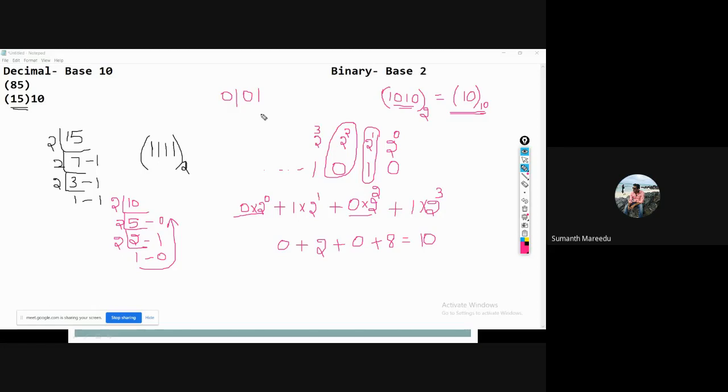Yes, I'm asking the decimal equivalent for 0101. Simply it is 5, because it is 2 power 0 which is 1. 2 power 1 is 0, so I don't mind it. Next, 2 square is 4. 2 power 0 is 1. That's it.